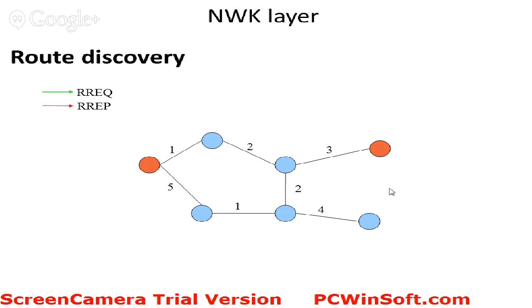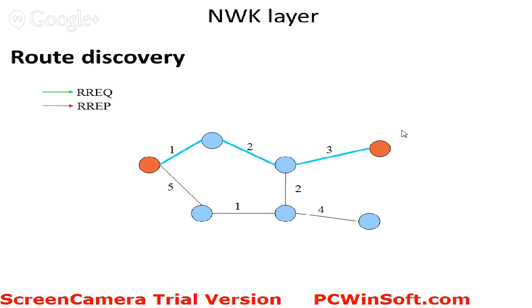So initially, a route request packet is generated by this router. Naturally, it is broadcasted through the entire network through different paths. It reaches the destination router or coordinator.